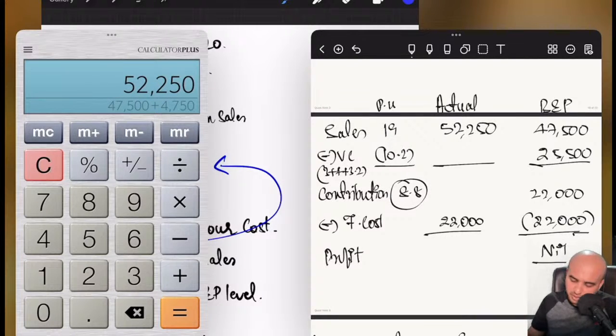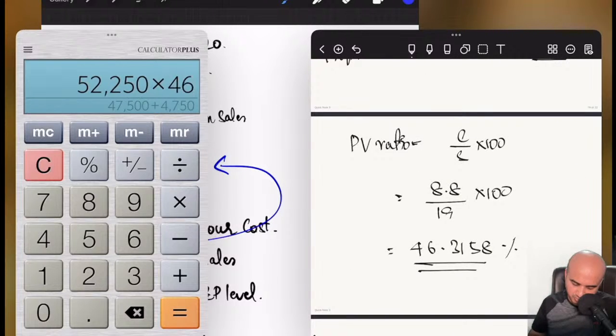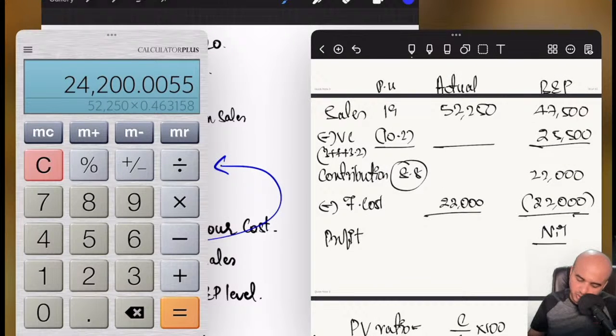Then minus variable cost, that will be percentage. Let's go back to the percentage here. 52 point something into 46.3158%. So 24,200 will be my contribution.